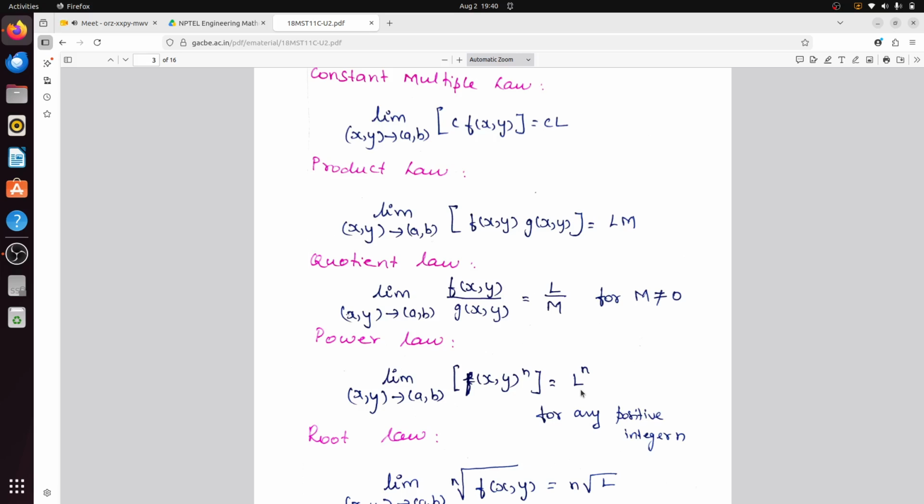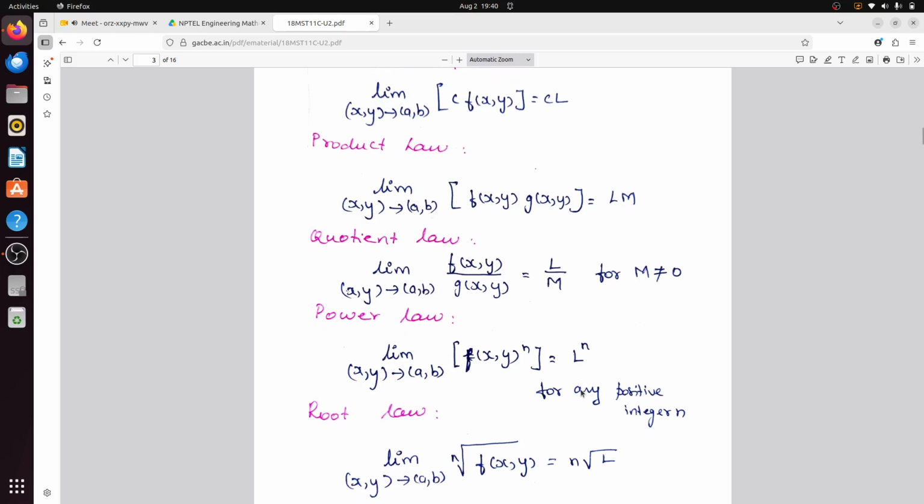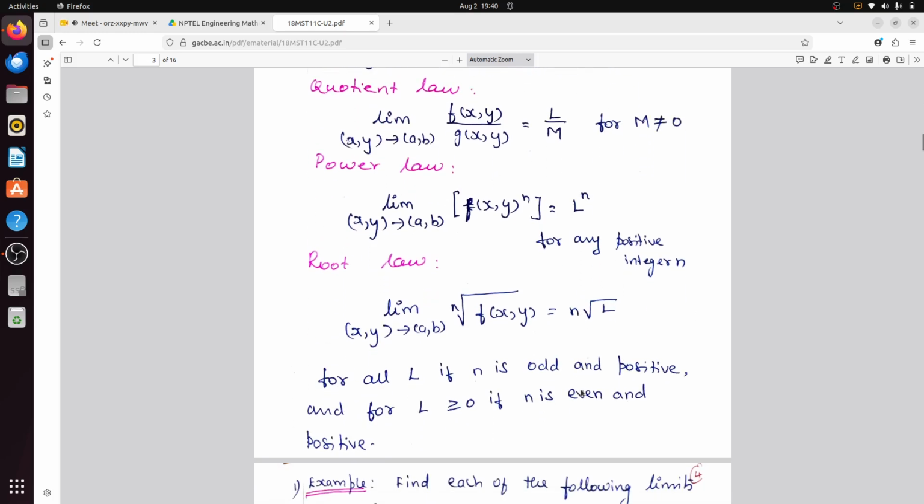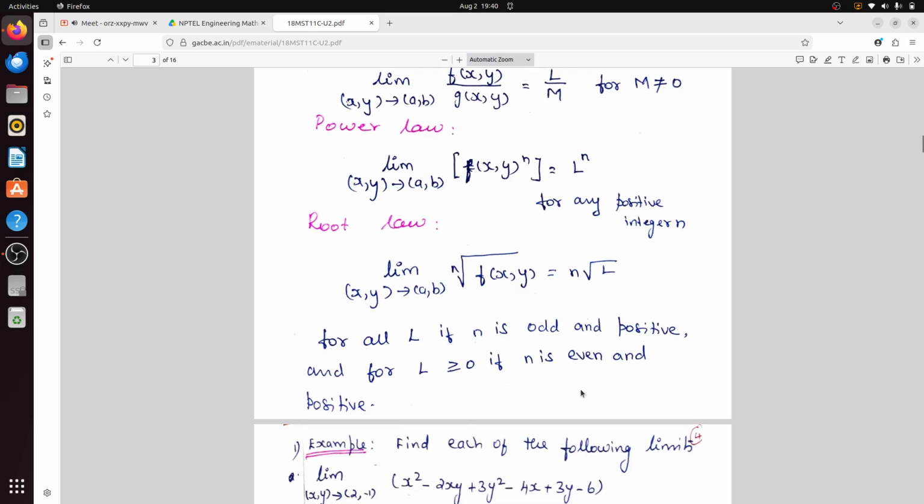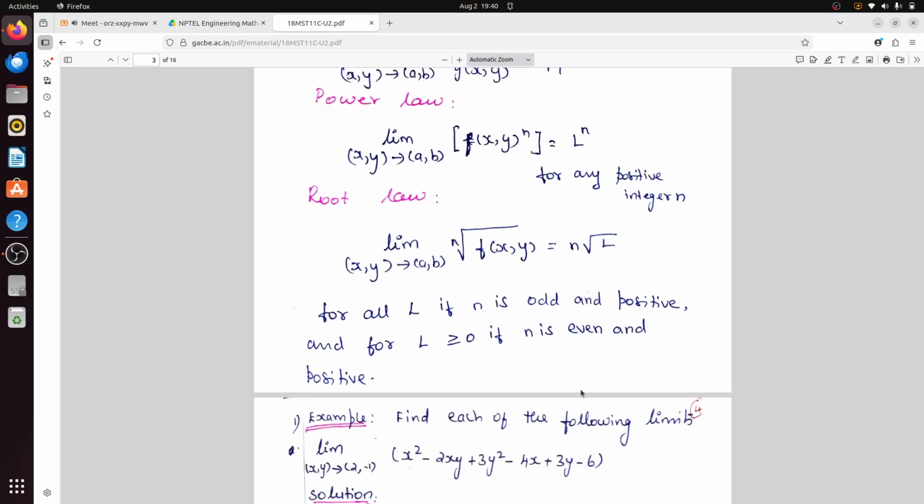Quotient law holds if and only if M is not equal to 0, that means limit of f(x,y) by g(x,y) equal to L by M for M not equal to 0. Power law holds for any positive integer. Root law holds for all L if n is odd and positive, and for all L greater than or equal to 0 if n is even and positive.